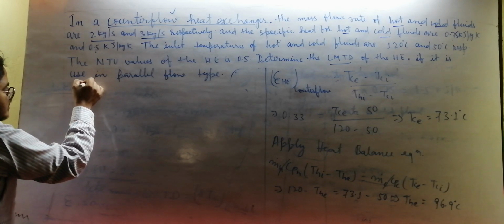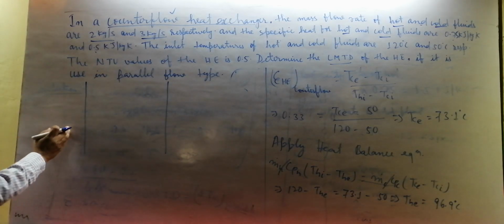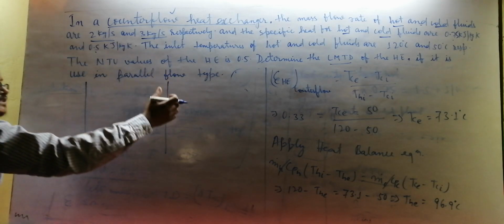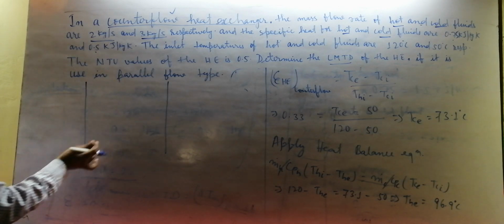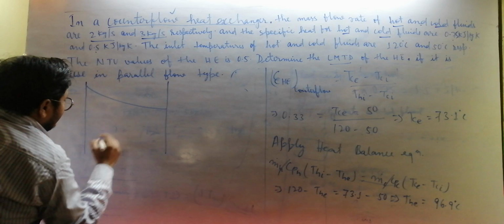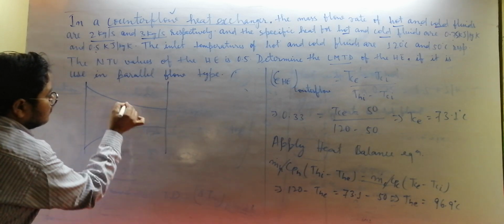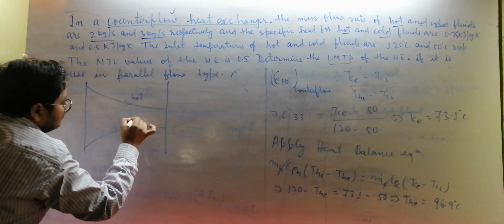The temperature profile will be like this. We are assuming this side is the inlet of the heat exchanger and this side is the outlet. This is the parallel flow, means the direction of flow will be same for hot and for cold.